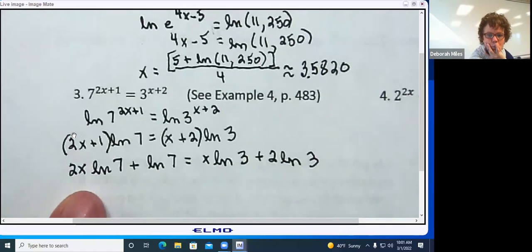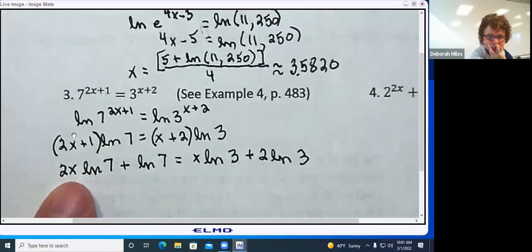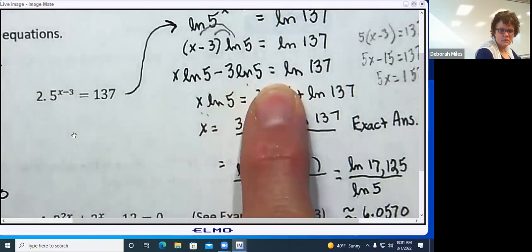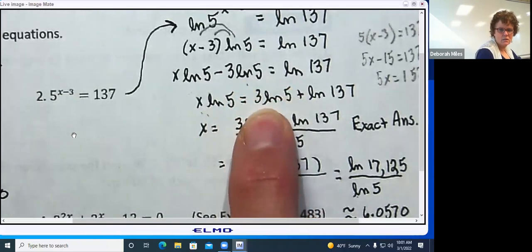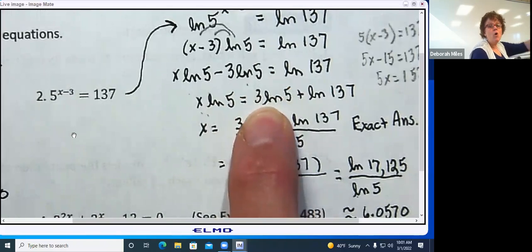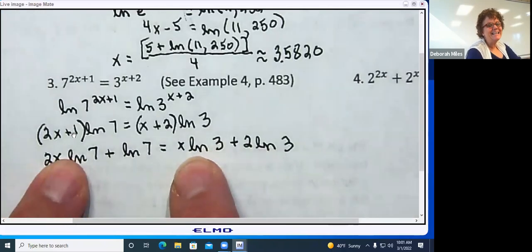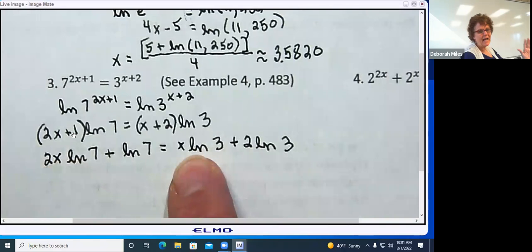So what next? What was our next step up here after we got rid of the parentheses? That's it. I want my x's on one side, my constants on the other. It doesn't matter which side my x's end up on and which side my constants end up on.